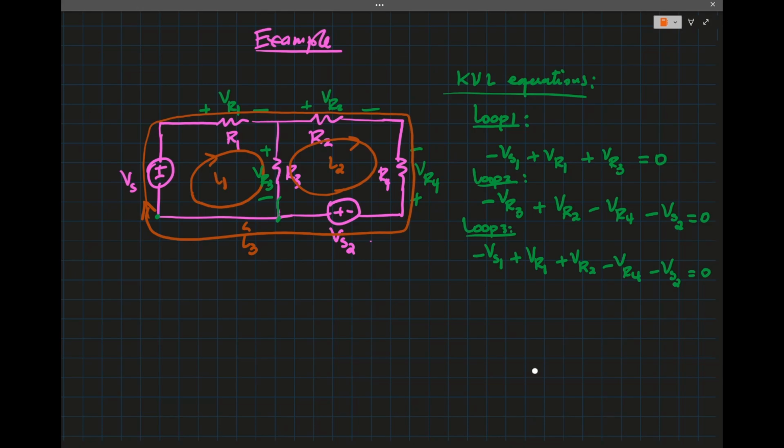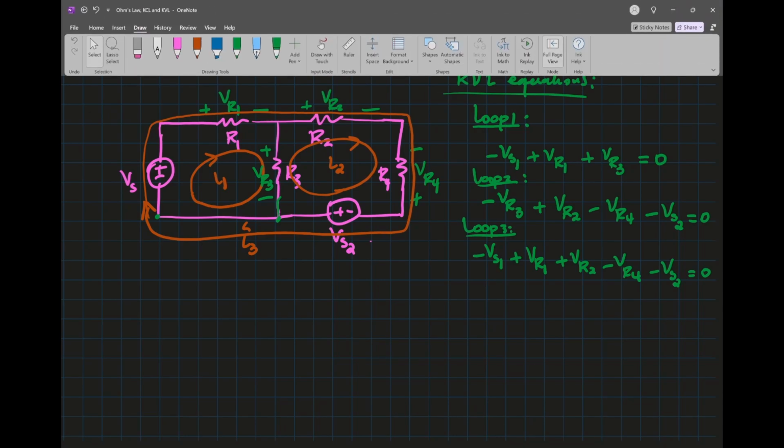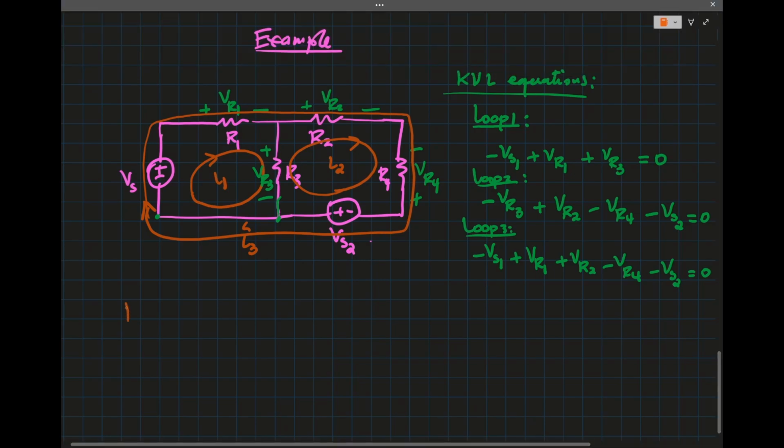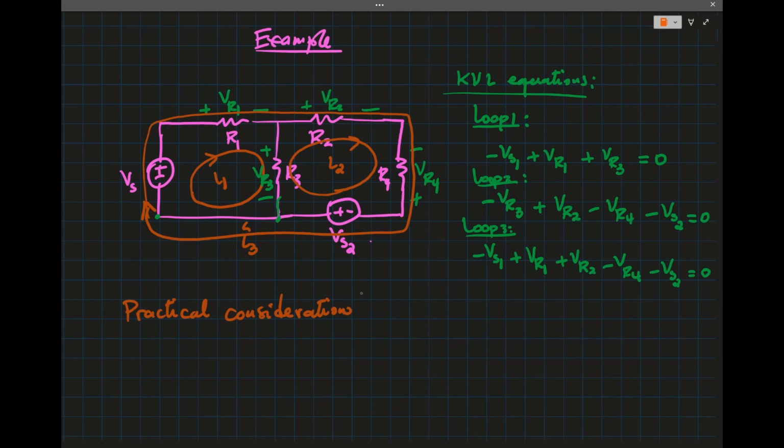So what are the practical considerations when we write KVL? So let me write it down here. Practical consideration on KVL.